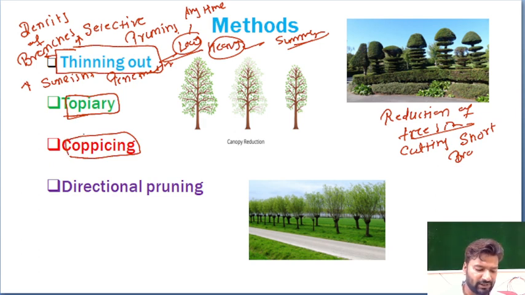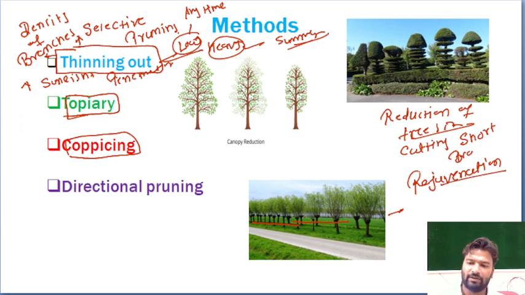So what is coppicing? In this we remove the plant to the ground level, and this is used for the rejuvenation of the tree. Then directional pruning.